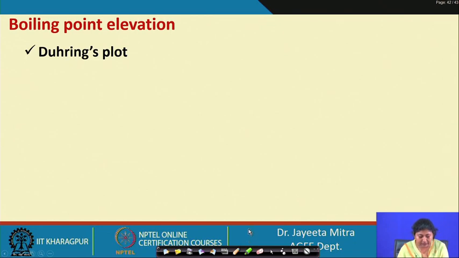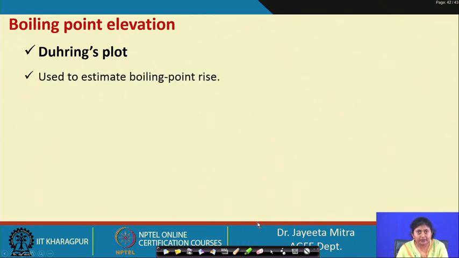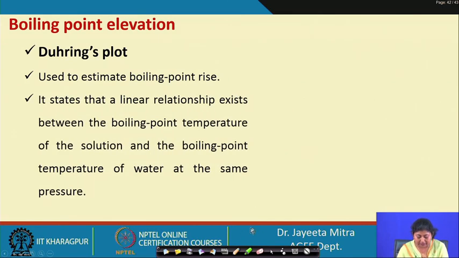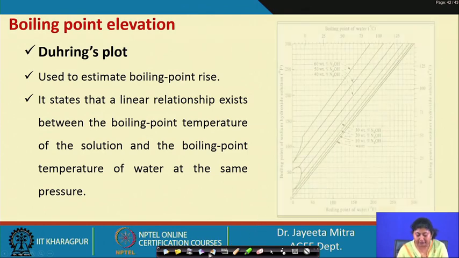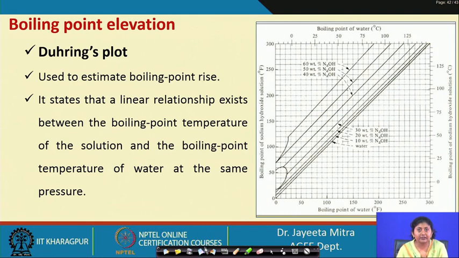Now, there is a chart called Duhring's plot, which gives us an idea of how the pure water boiling point and the solution boiling point vary, and we have seen that they have a linear relation.